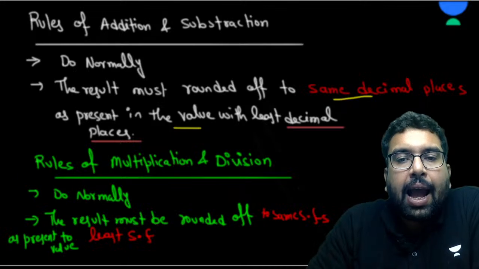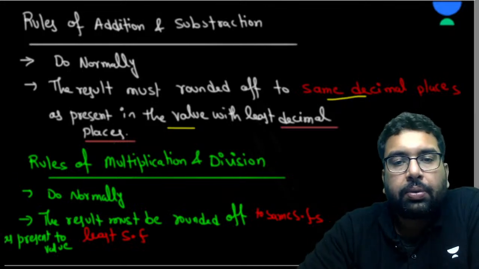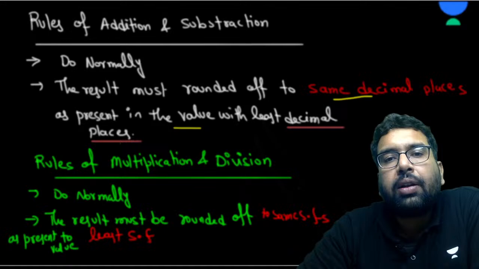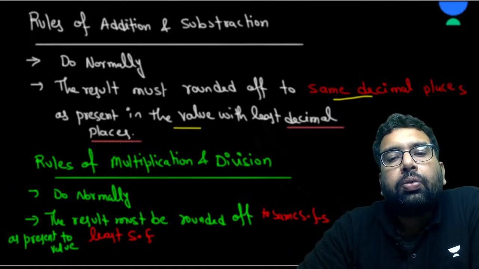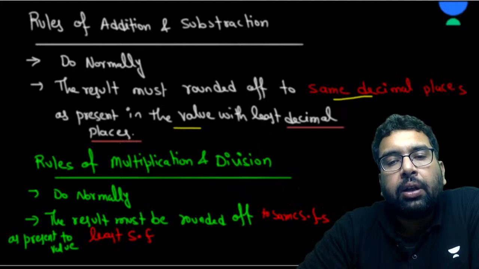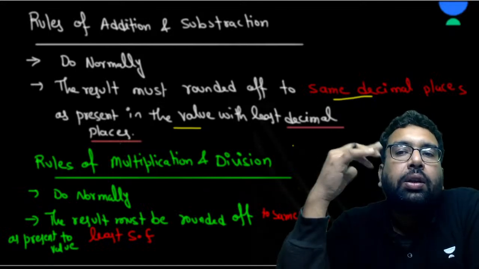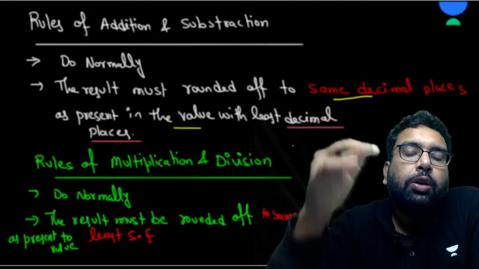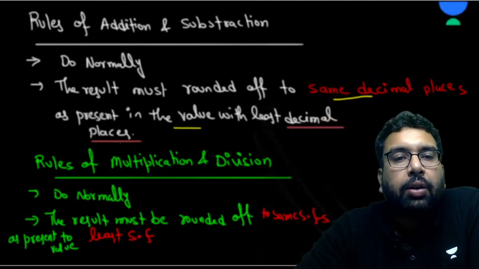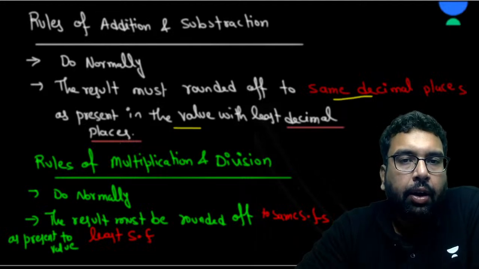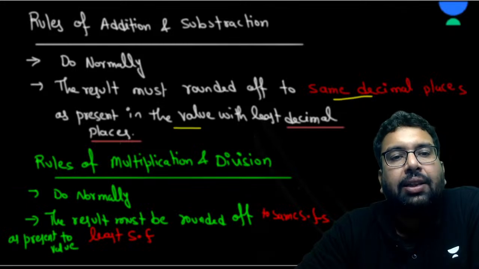So when you are adding or subtracting significant figures, you need not focus on the number of significant figures, rather you must focus on the number of decimal places the value is having, the value with the least decimal places.